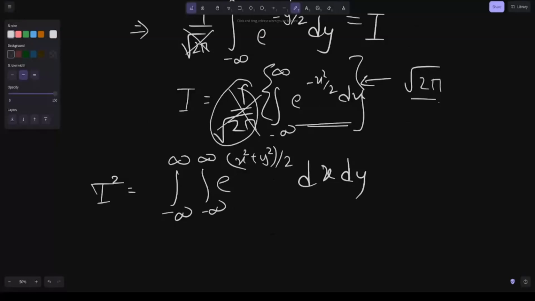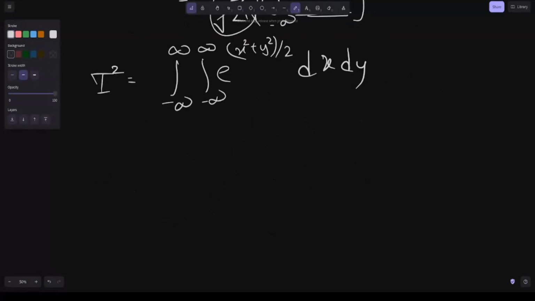Simple logic. Now convert it into polar coordinates. So x becomes r cos theta, y becomes r sin theta. Just substitute the values.